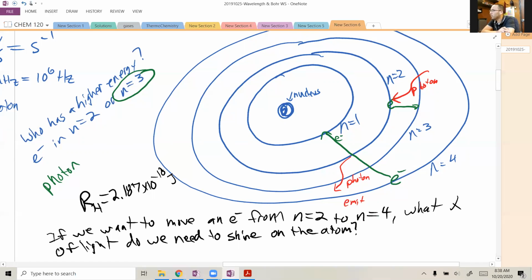Right? So we want to move that electron from n equals 2 to n equals 4. And so we want to know what wavelength that light needs to be. Professor Lau, is that 10 to the negative 18? 18. Yep.